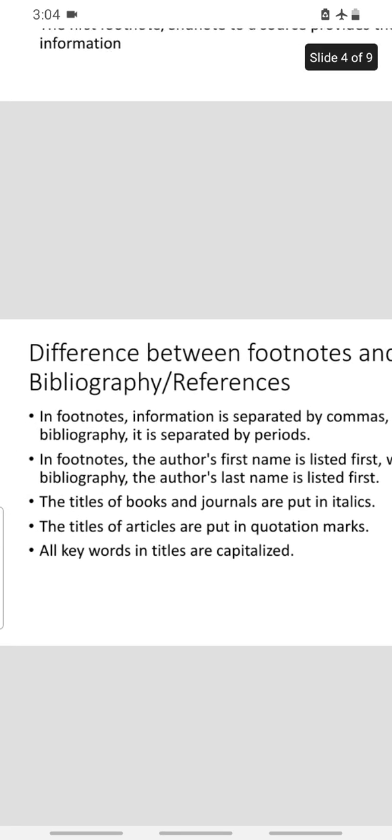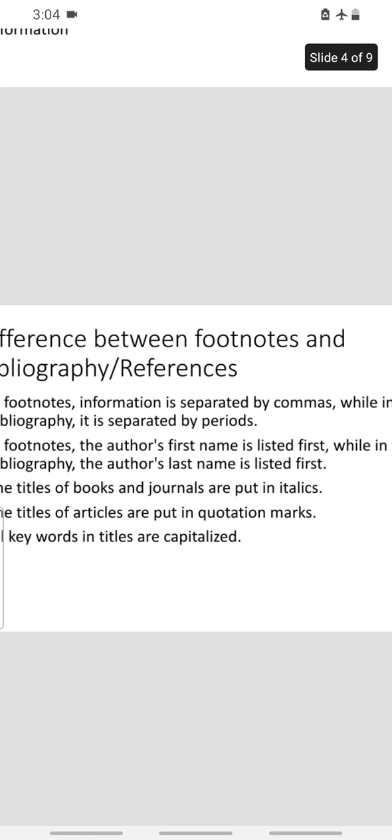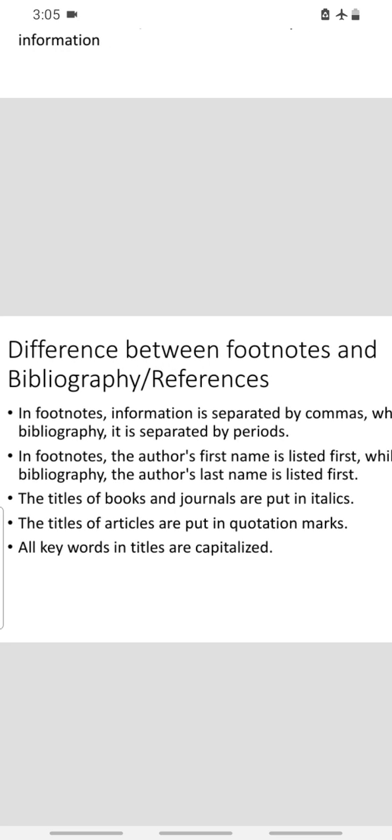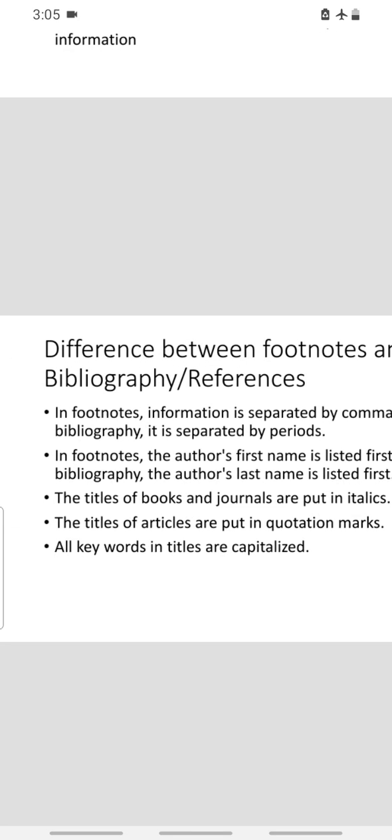Now let's see what is the difference between footnotes and bibliography. In footnotes, information is separated by commas, while in the bibliography it is separated by periods. Periods here do not mean the brackets that we use.